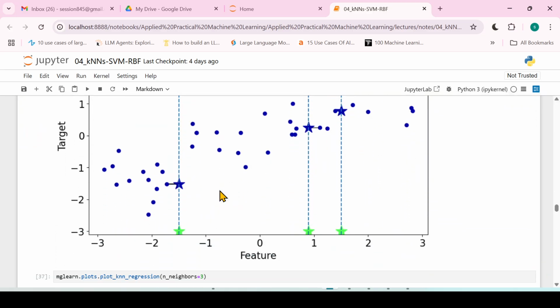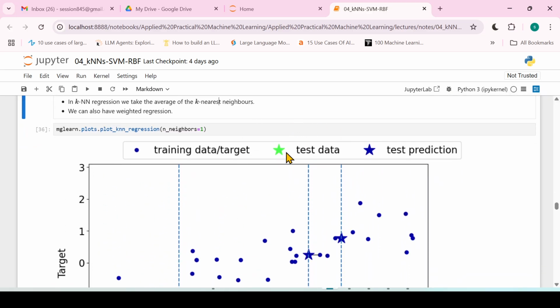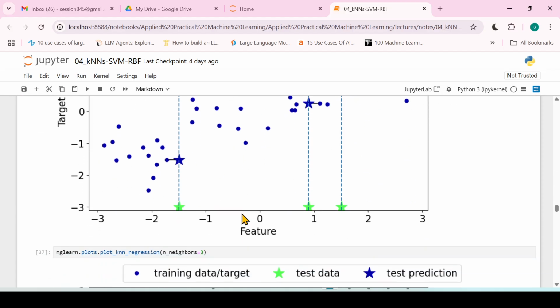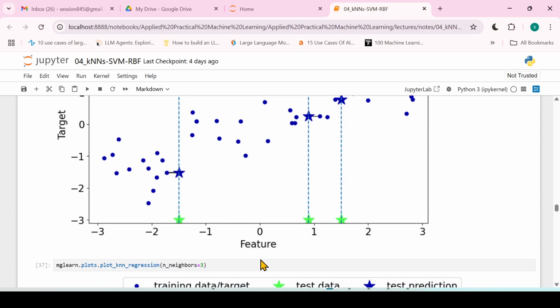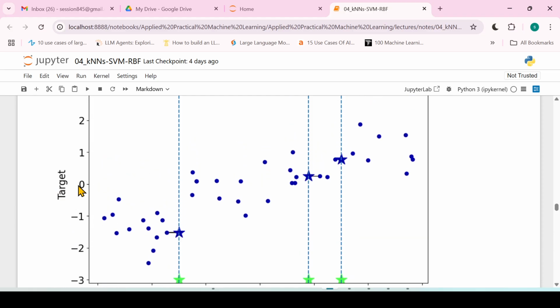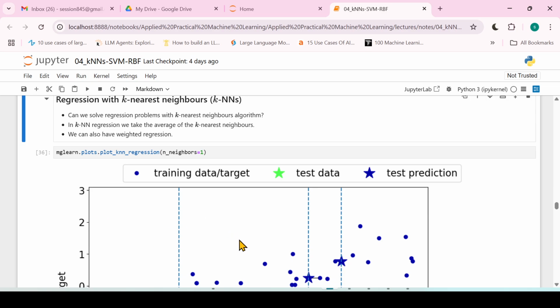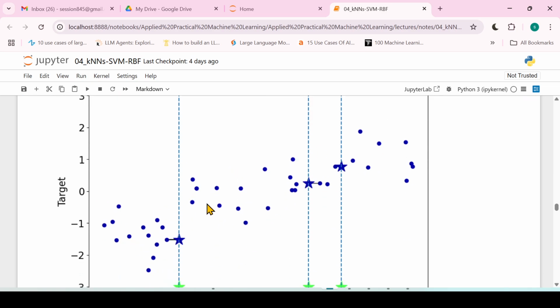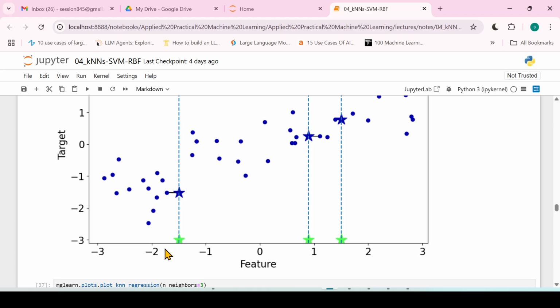Consider this example. These are the training data points we have with just one feature, and these are the target values. Now this is the test data point.